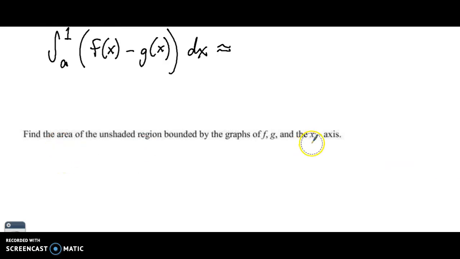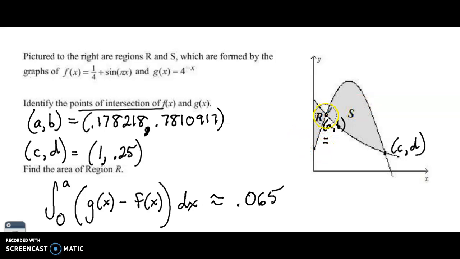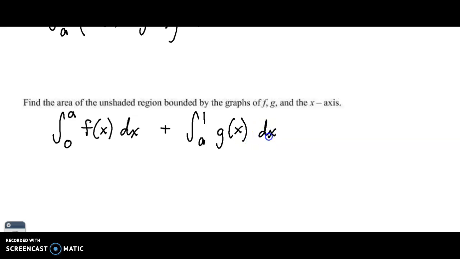And then in the last one here, what you'll notice is that if we want the unshaded region, you want to do from 0 to A of, let's see, the curvy one was f of x, the sine curve, f of x dx, because that's the region made. And then you want to add to it the integral from A to 1 of g of x dx.